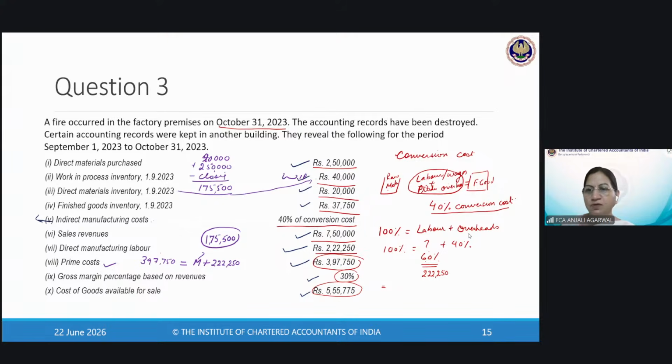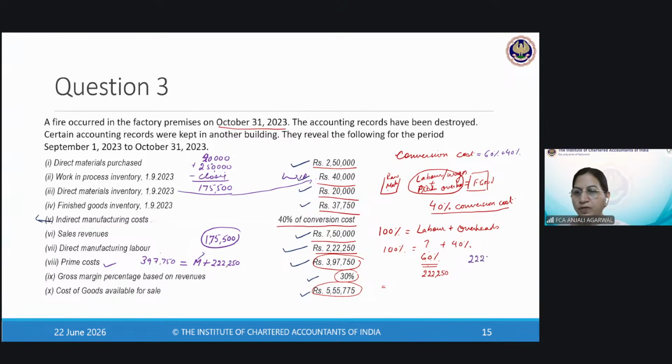The whole question comes down to conversion cost. Indirect manufacturing costs are 40% of the conversion cost. Okay. So whatever the total conversion cost is, 60% of it is the labor cost and 40% is the indirect cost. So we found out that labor cost is 60% and it is 2,22,250.